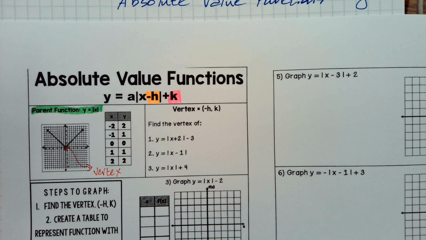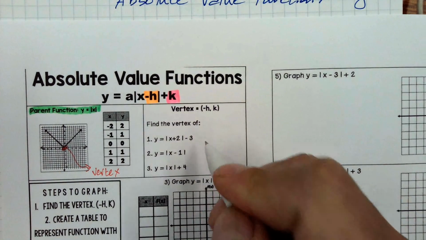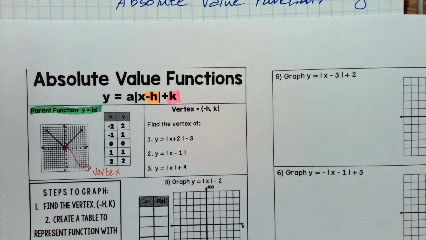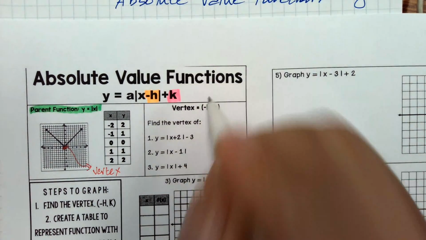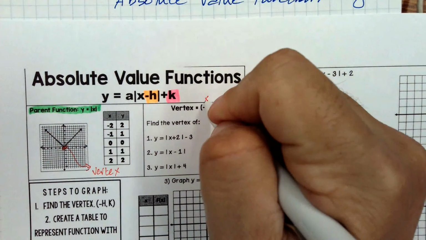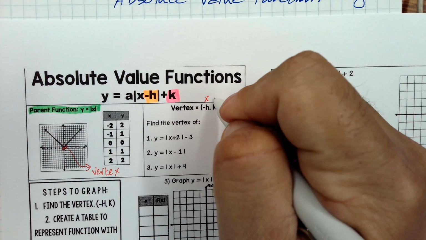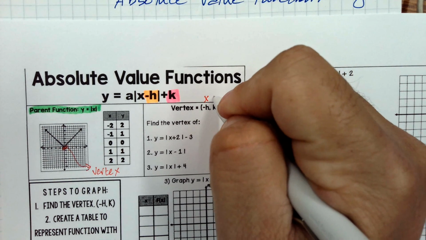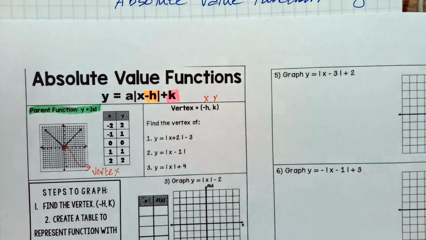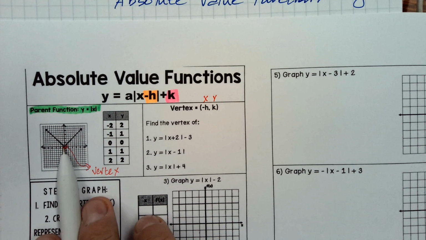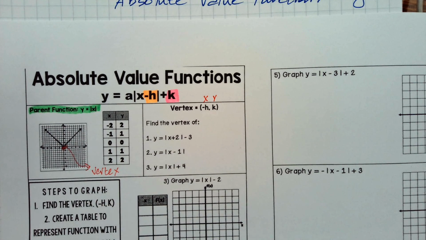We're going to find the vertex. The vertex point is always going to be the following: your x value will be the opposite of h, and your y value will be whatever k is. And that's going to be the lowest or sometimes the highest point on the graph.